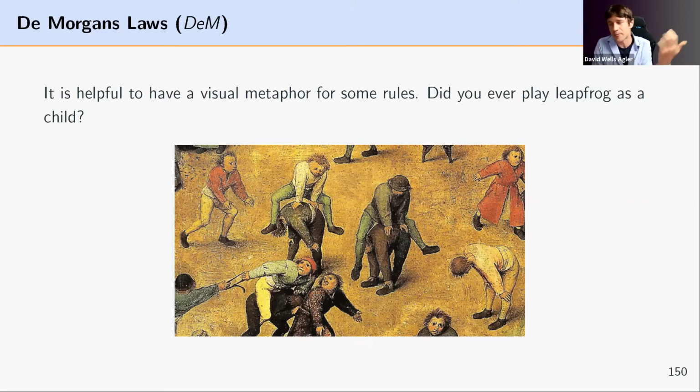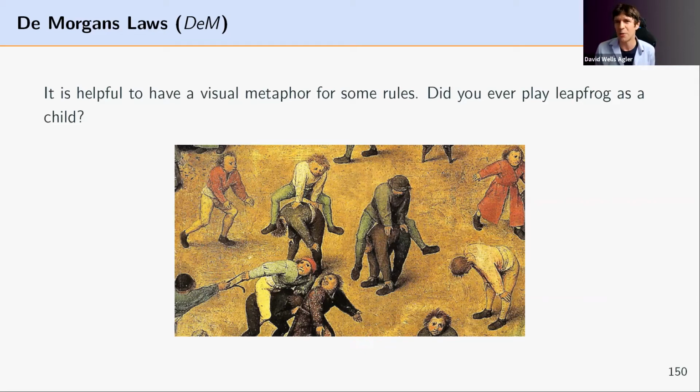Because of that, it is helpful to think about ways of remembering how to use DeMorgan's laws correctly, just because it is such a helpful rule. So in various cultures, people, especially children, play this game called leapfrog. Sometimes it has different names in different cultures.